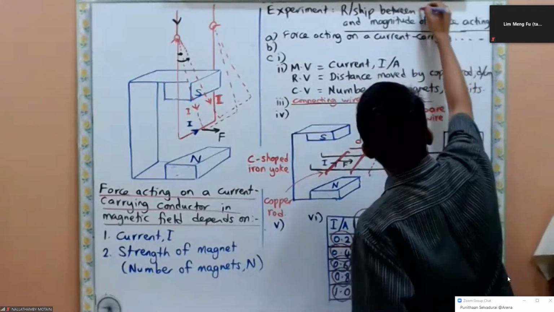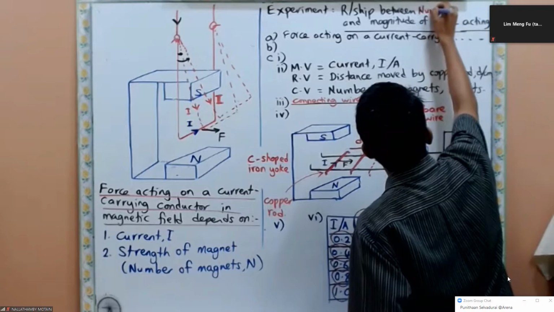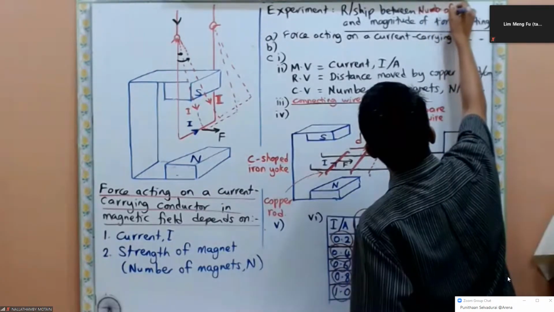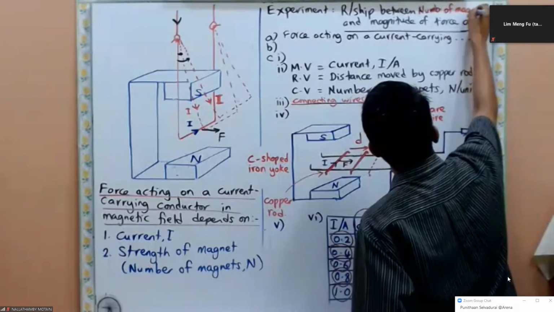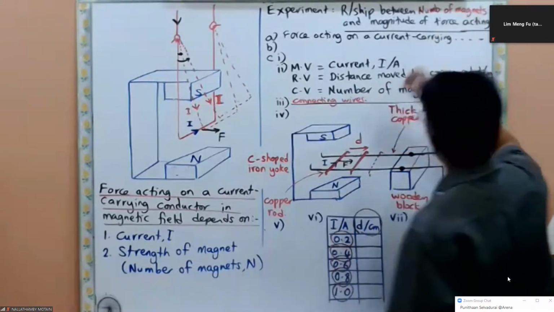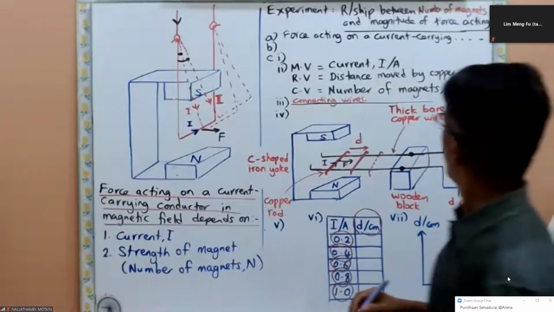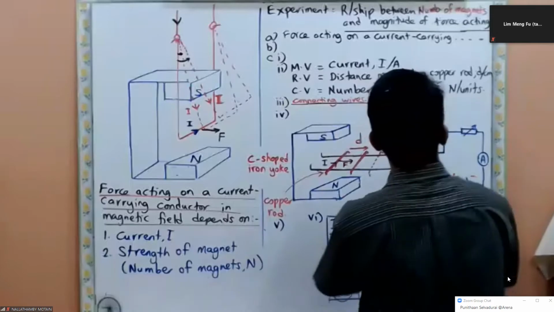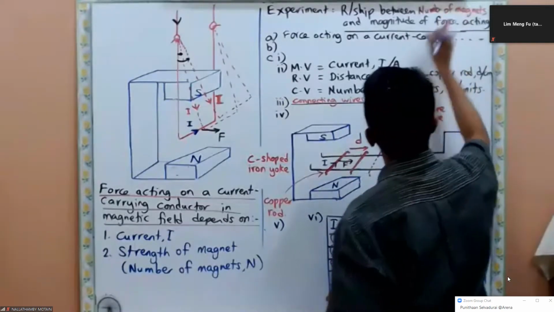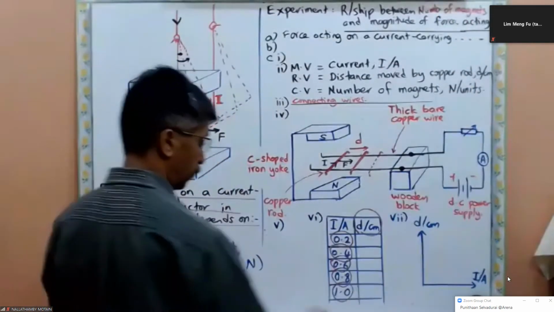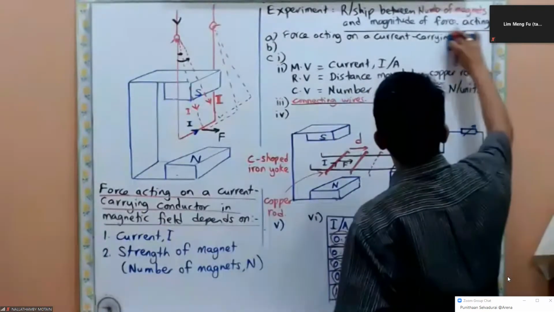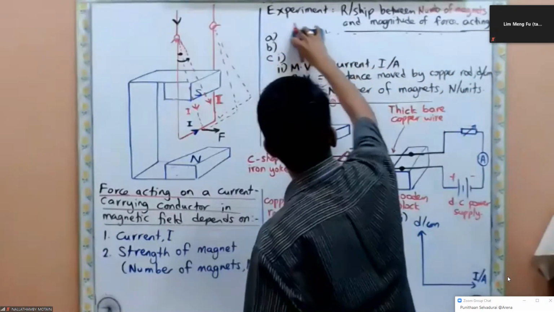between number of magnets and the magnitude of force acting. Okay, so this one I remove.